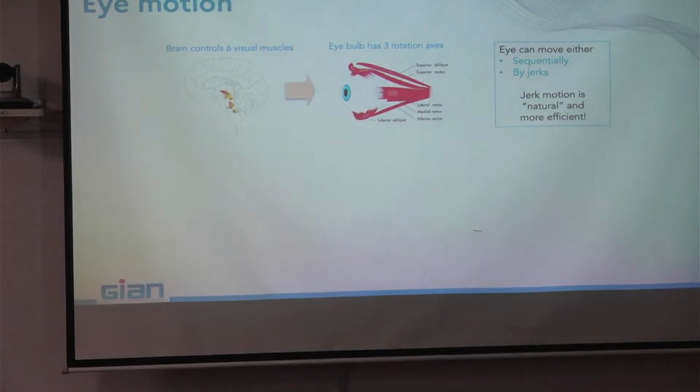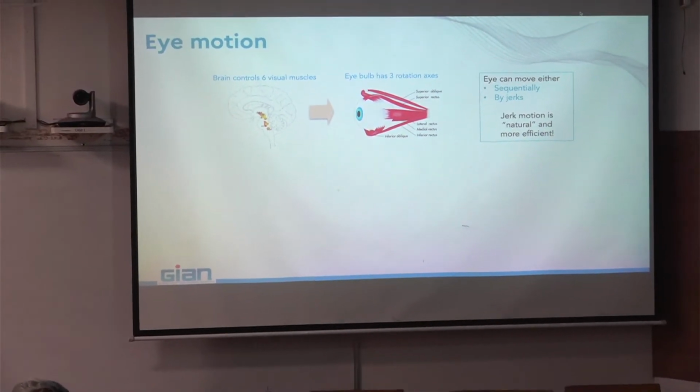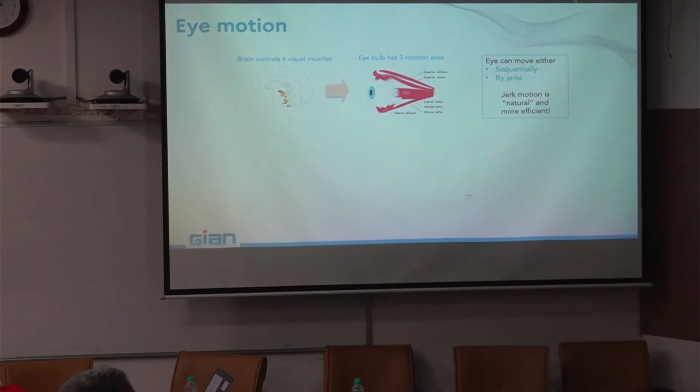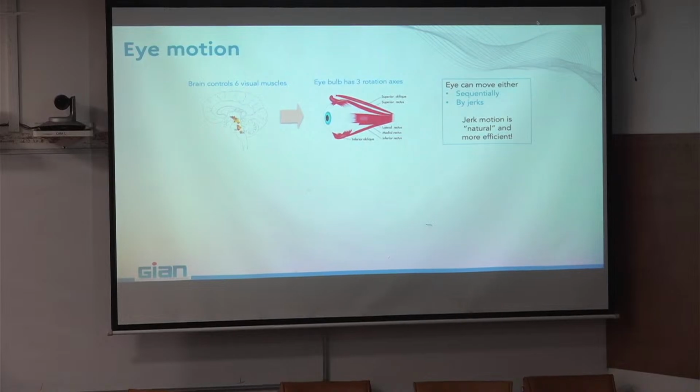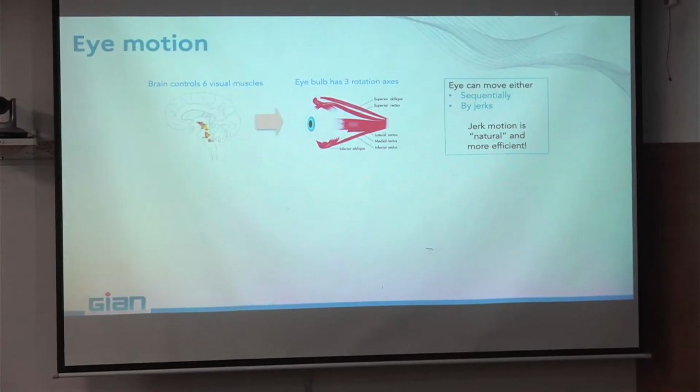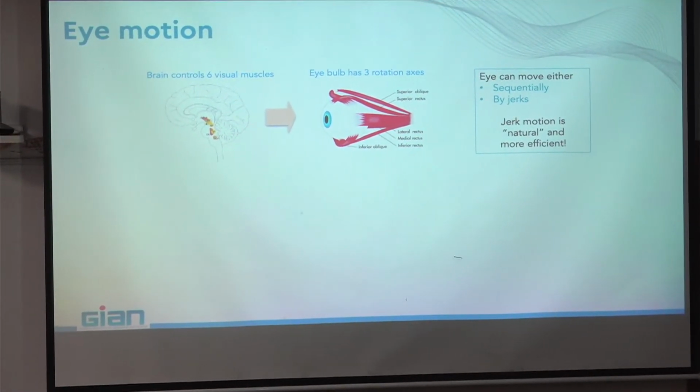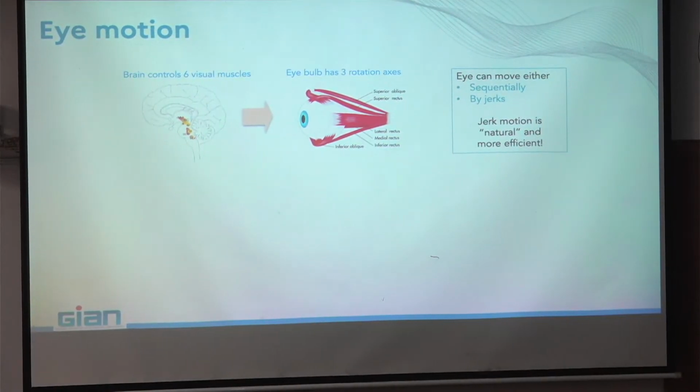In fact, we have 2 modes of eye motion. The first one is sequential: you scan in a given direction. And the second one, which is the natural one, is by jerks. The eye moves in an almost arbitrary way and tries to collect information all around the space.